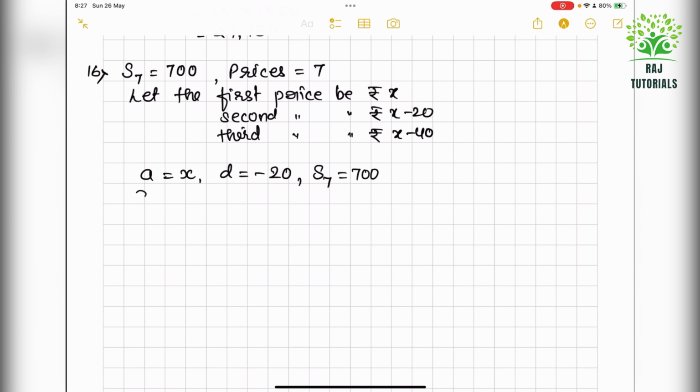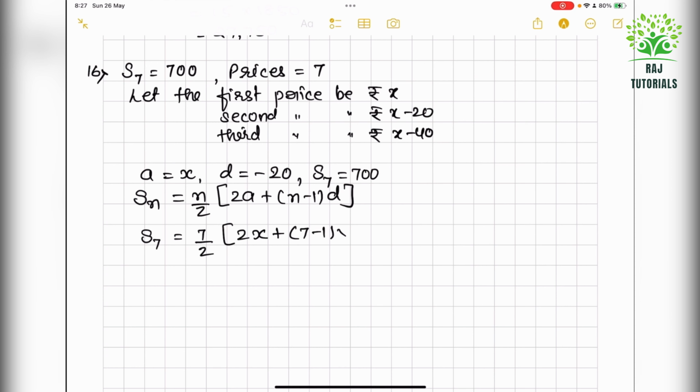So using the formula Sn equal to n by 2 into 2a plus (n minus 1) d, S7 will be 7 by 2 into 2x plus (7 minus 1) into minus 20. So 700 into 2 by 7, so 100, equal to 2x minus 120.